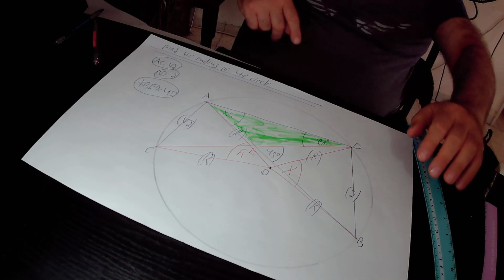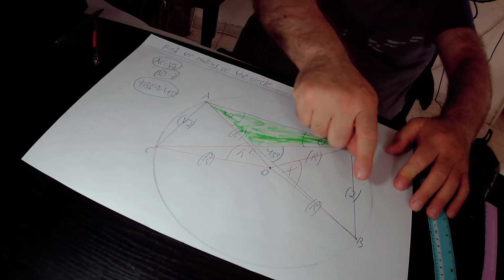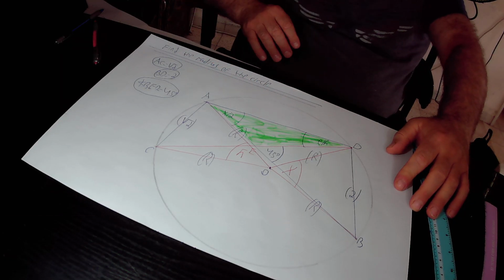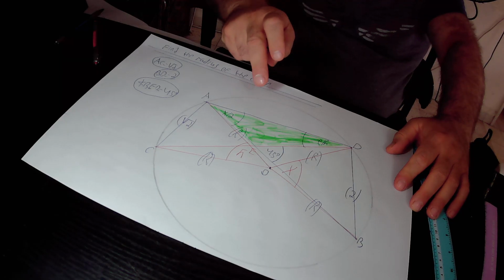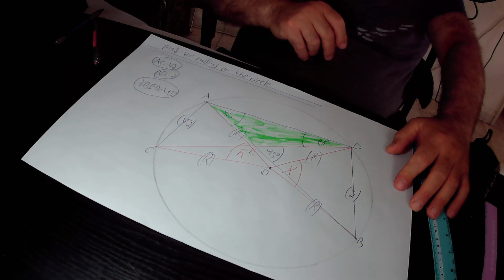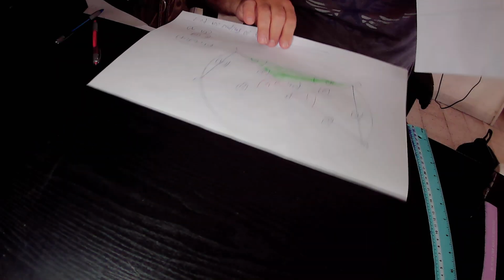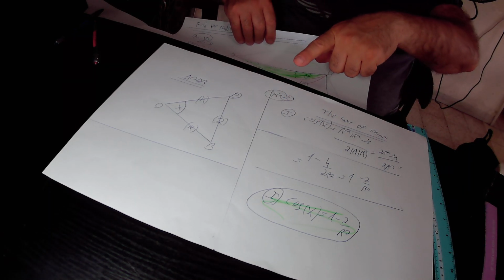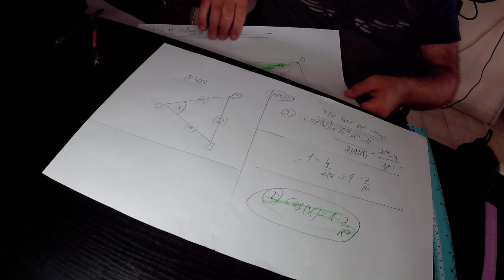But before that, we know that all the four segments OD, OB, OC, and OA are radii of this circle that equal R. So each of them equals R. I copied this triangle ODB from the original drawing.